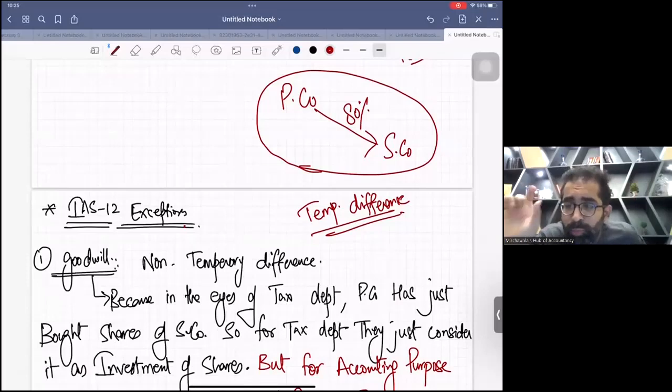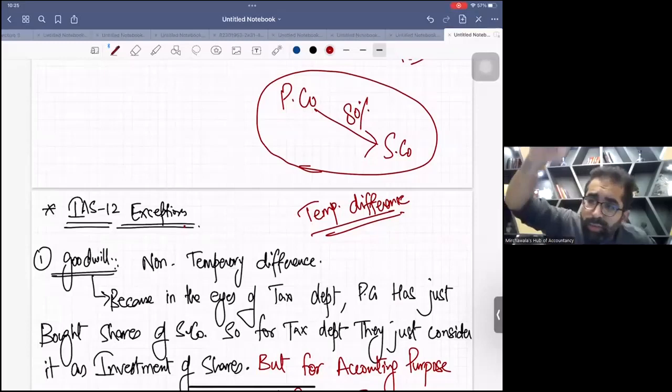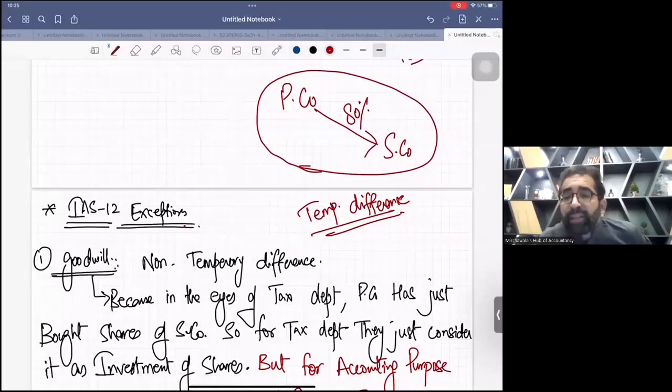That means for accounting books, purchase goodwill is a proper asset. And not only do we record purchase goodwill, but in future we book the impairment expense of that purchase goodwill. You guys better know these things. These are not new for you.